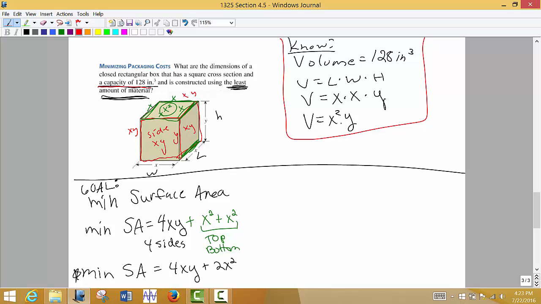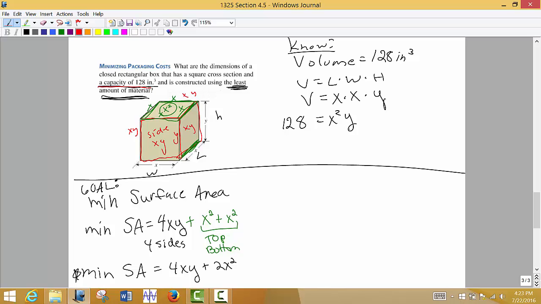So is there a way that we can rewrite this equation so that y is by itself on one side and x on the other? One little part that I want to adjust here is that we know the volume is going to be equal to 128 cubic inches. So let's replace volume with what we know, 128. That way we're minimizing our variables here.